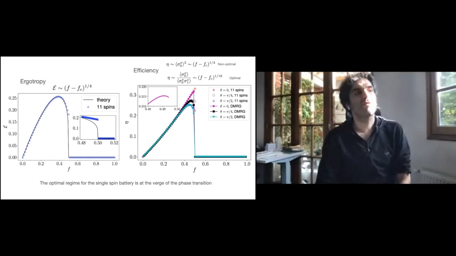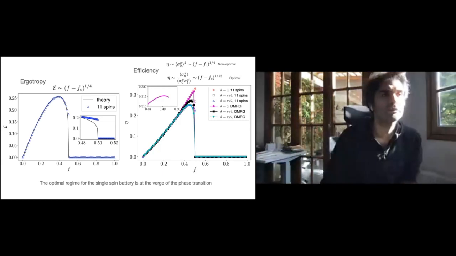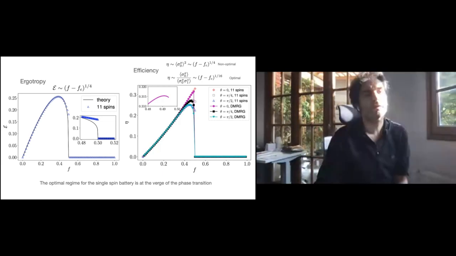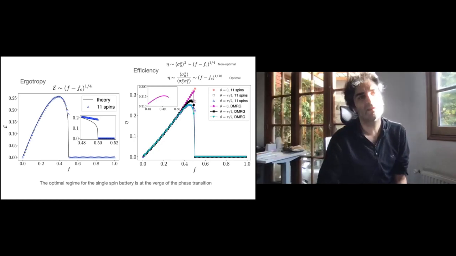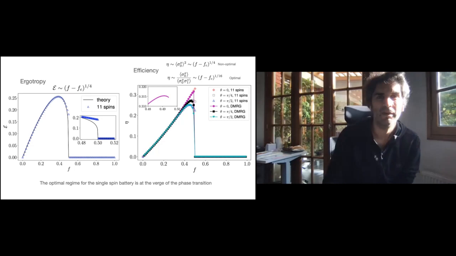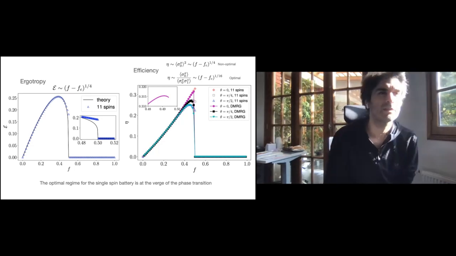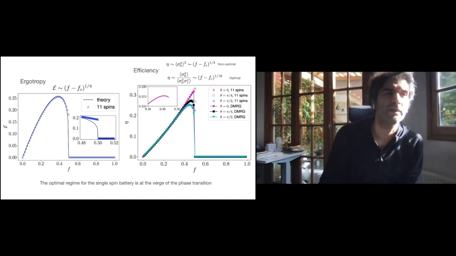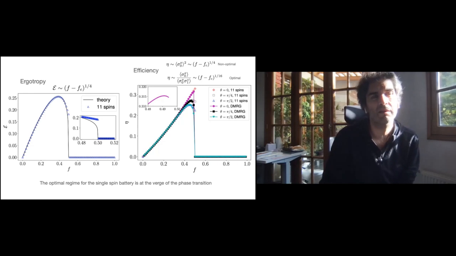And these are the efficiencies for different values of theta, right? We have computed the efficiency in two different ways. One is by a DMRG code, and the other one is by diagonalizing the system with 11 spins.